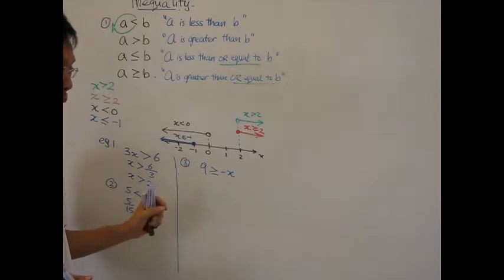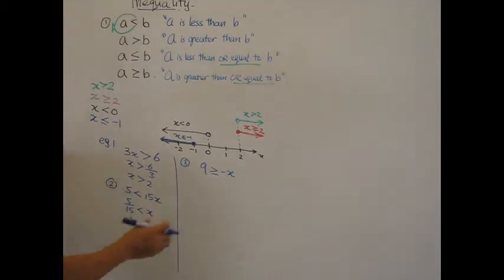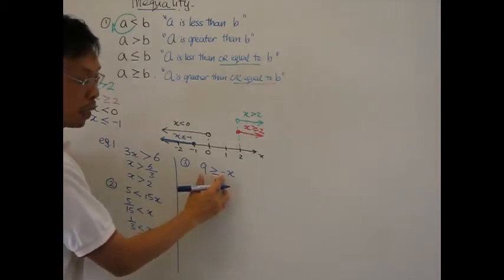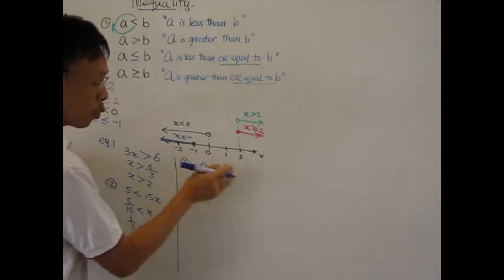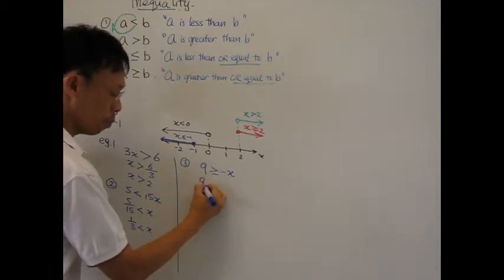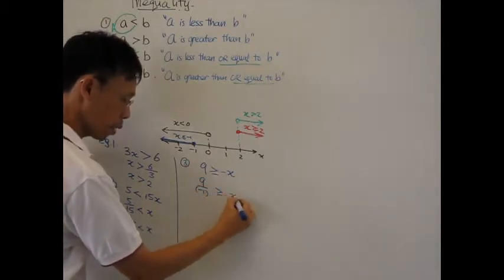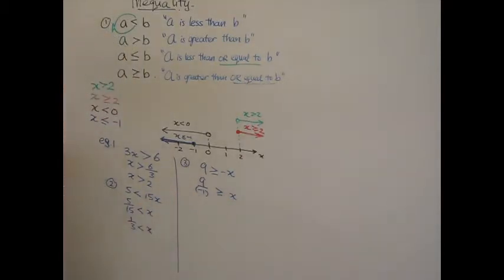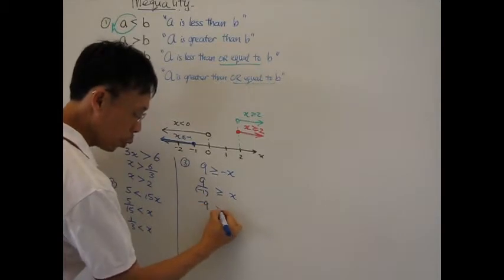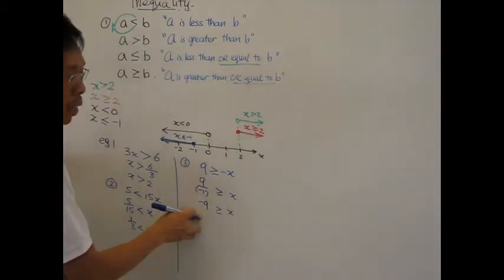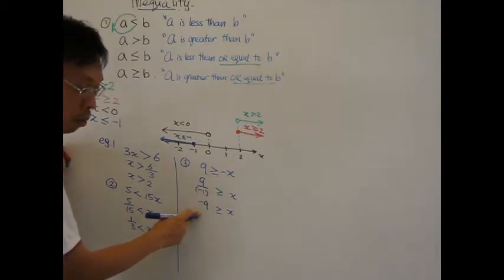That's still okay. So for this particular question, I need to get rid of the -1. If I do this first, then the answer here is x must be less than or equal to -9.